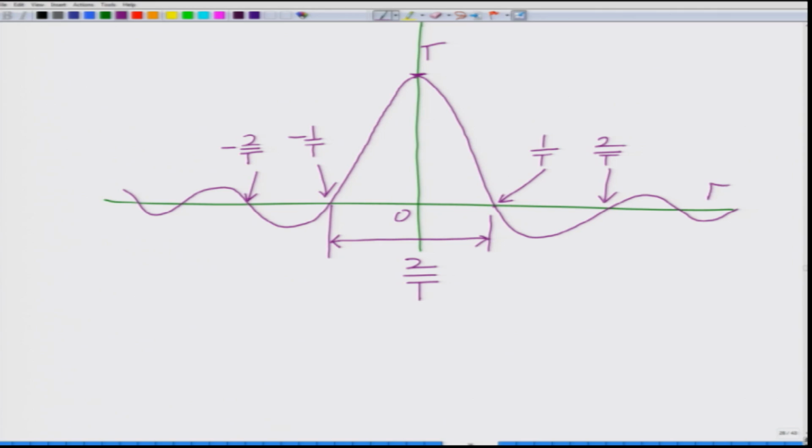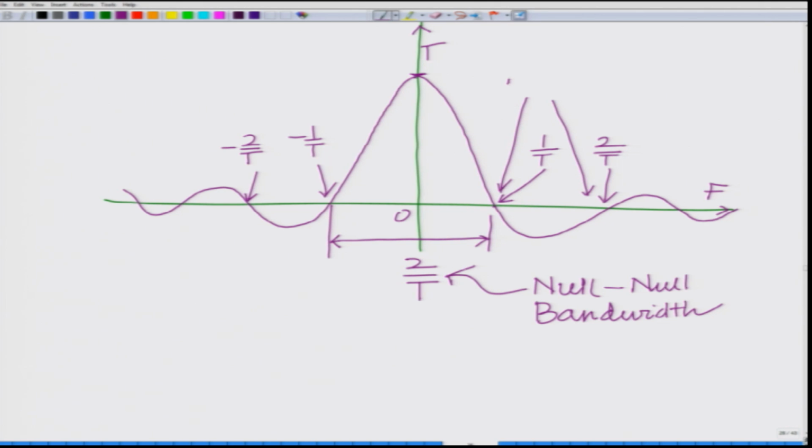So, this is our frequency axis, this is our amplitude axis, 2 over T is the null to null bandwidth. There are many notions of bandwidth, this is known as the null to null bandwidth.